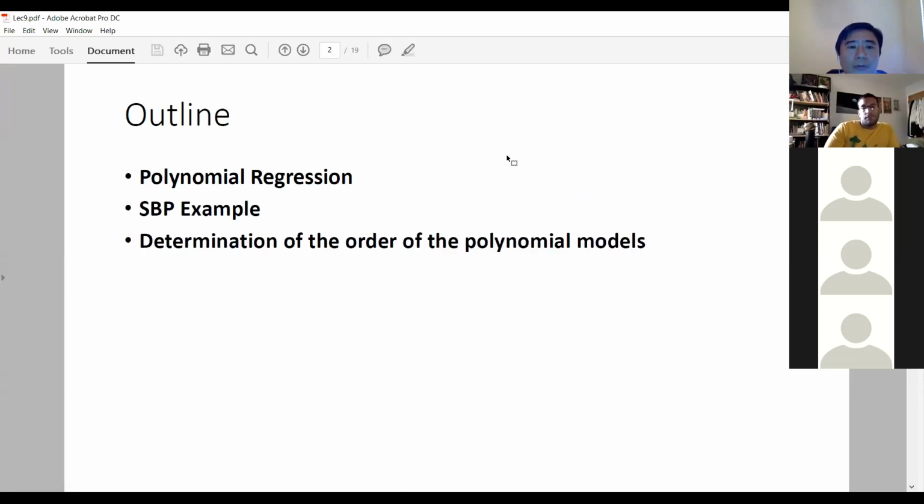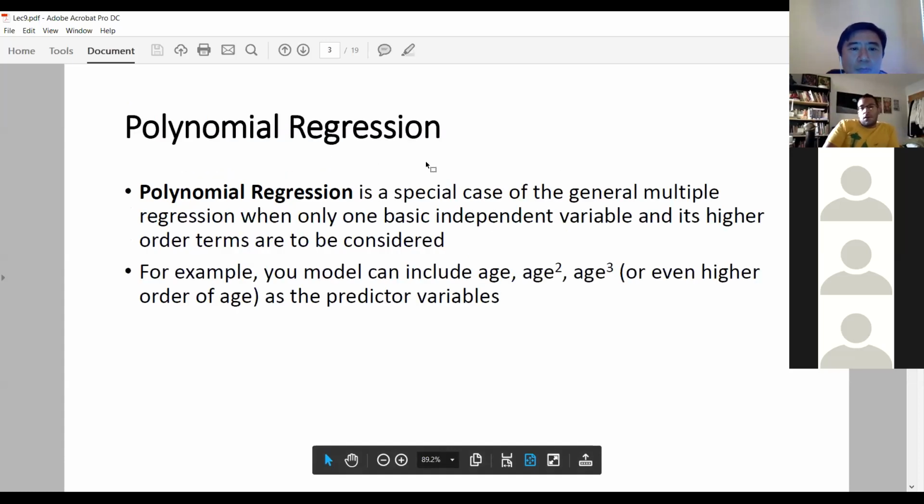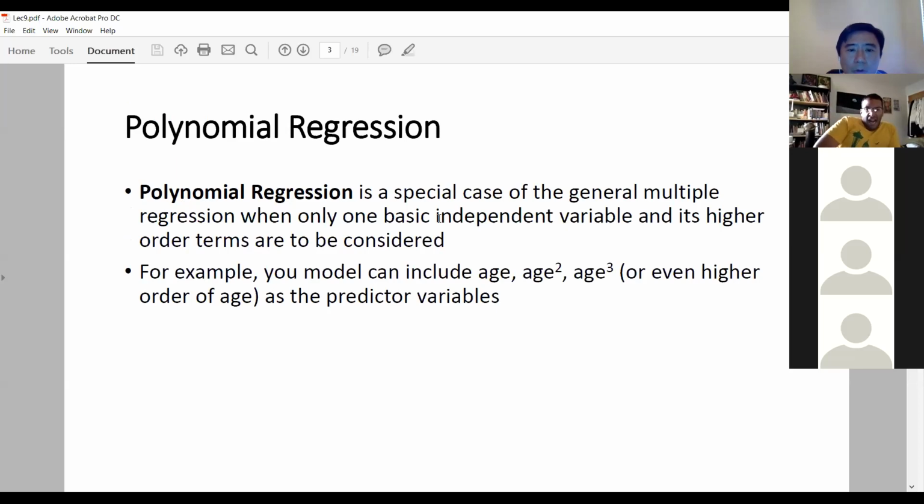The goal here is that sometimes you do not know if the linear term of the predictor variable is the best for predicting the outcome. Maybe the quadratic or cubic terms are more relevant, and you want to know if adding these higher order polynomials into the regression model can help you have a better prediction of the outcome.